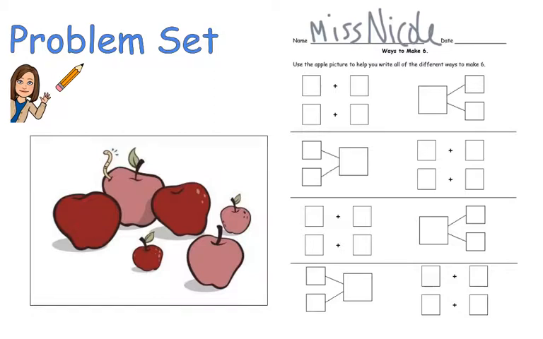So above my box, I'm going to write big. I'm going to write a letter B. And then on the top of the other one, I'm going to write an L. Let me try again. So I remember that that's how I'm separating my 2 groups, my parts. Big apples and little apples.